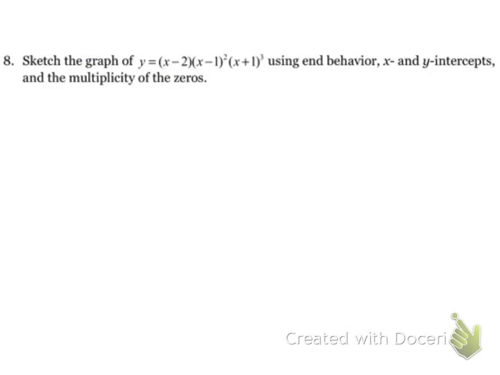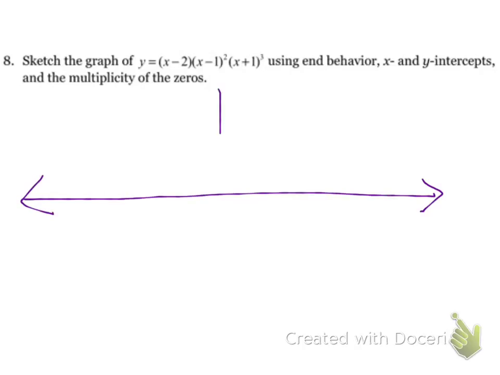Okay, and the last problem of the day, we're going to sketch the graph given that factored form polynomial equation. We're going to use our end behavior, our x and our y intercepts, and the knowing about multiplicity to graph it correctly. So the first thing I'm going to do is draw out my coordinate plane, and I'm going to go to 3 on each side.